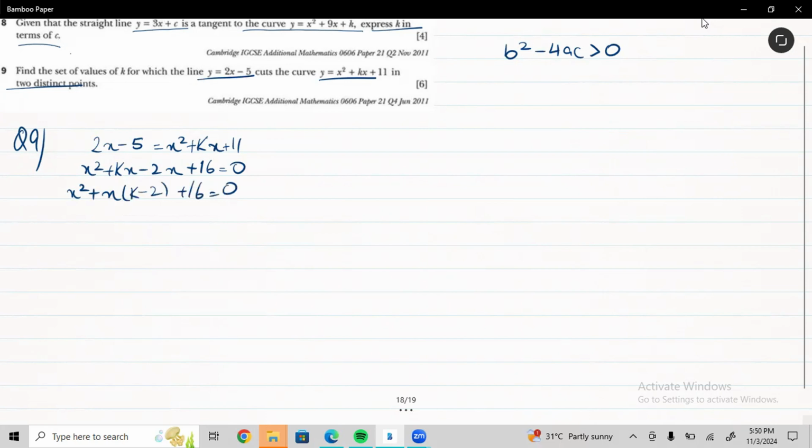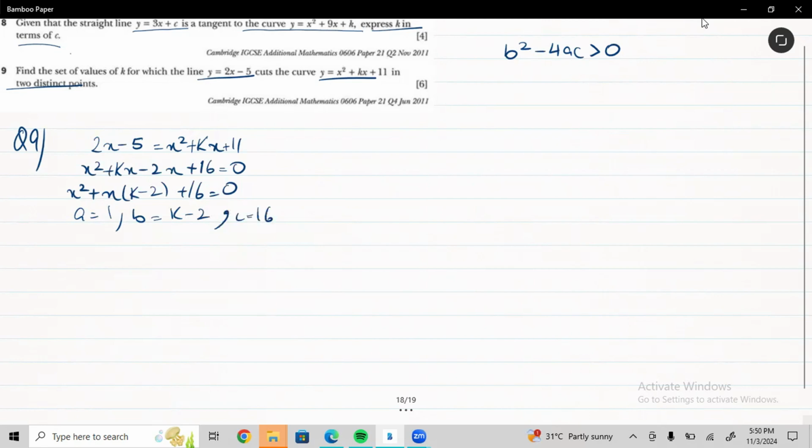Simplify this further: a is equal to 1, b is equal to k minus 2, and c is equal to 16.